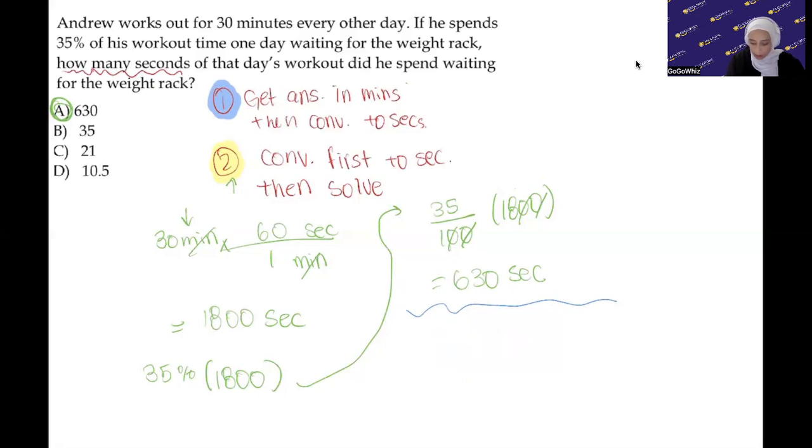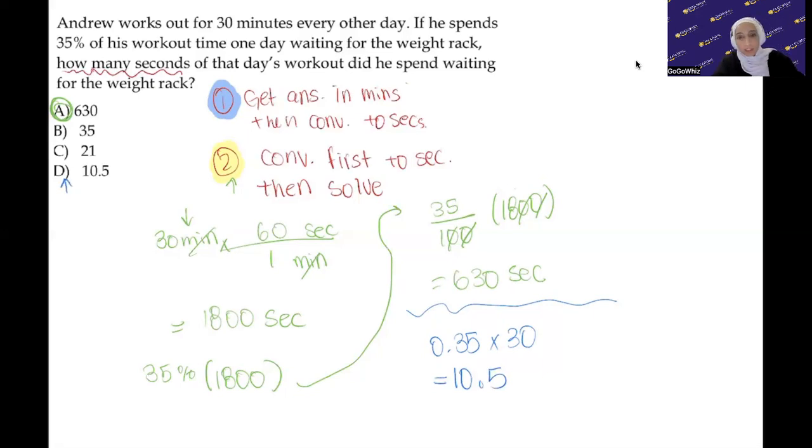We can just do it as 0.35 multiplied. It doesn't matter whether you did the fraction or not. So 0.35 times 30, and that gives me 10.5. Do you see how that's one of the answers?